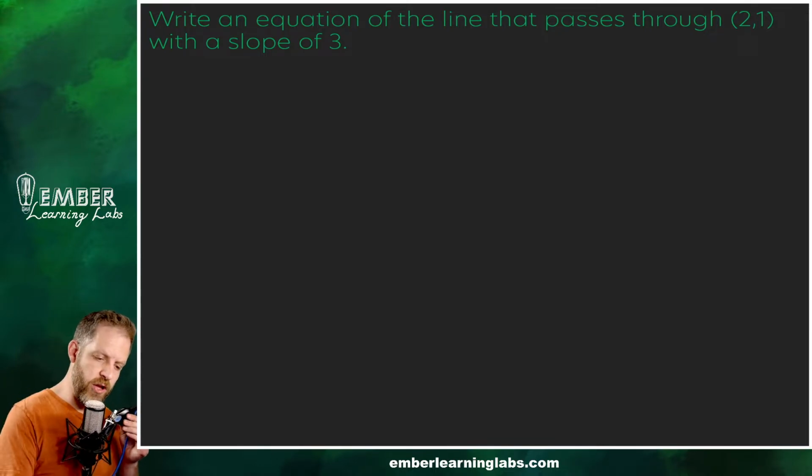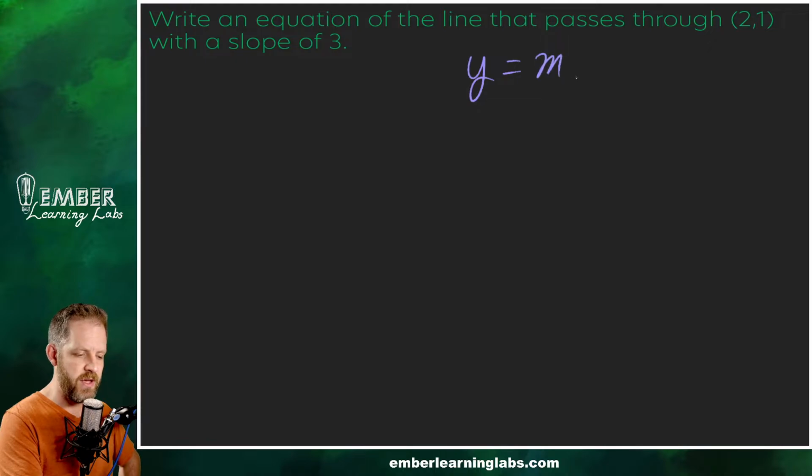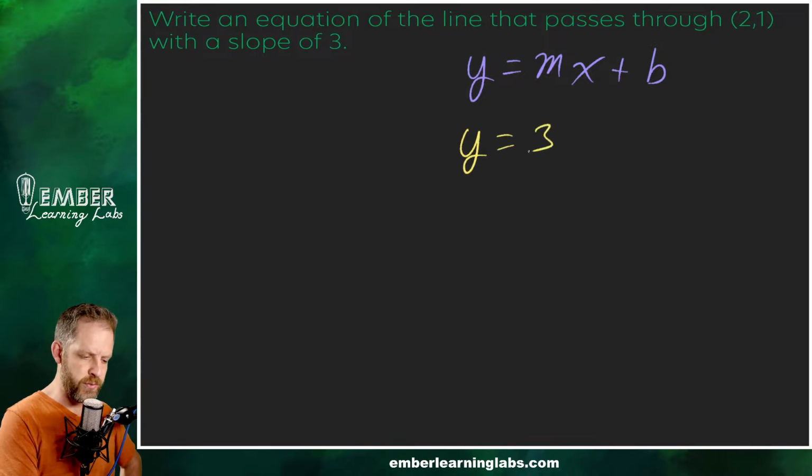Slope-intercept form, if you'll remember from last video, is y equals mx plus b, where m is the slope and b is the y-intercept. Looking at the information that we're given, we know that the slope is 3. So far, what we know is that our line looks like y equals 3x plus b.